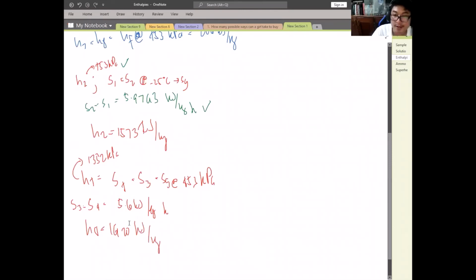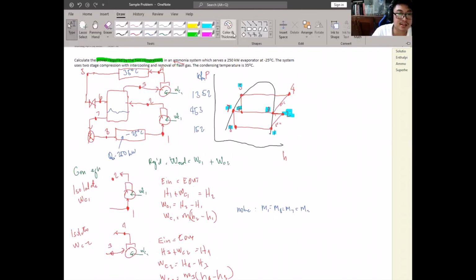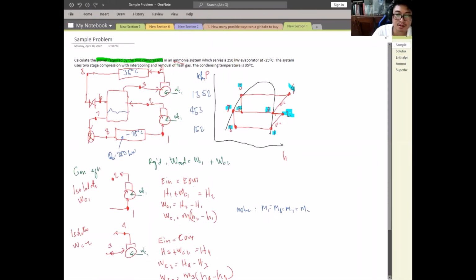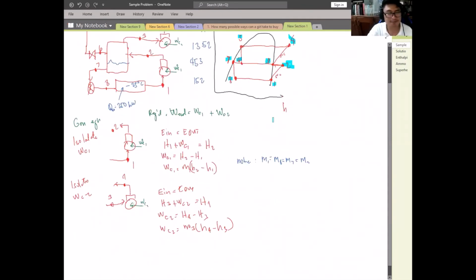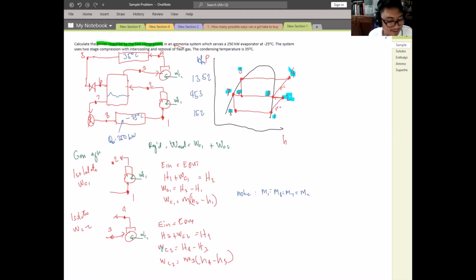Okay. So kung nakompleto na natin lahat ng enthalpy natin, so now, makukuha na natin yung ating mga work the compressor. So si mass na lang ang hahanapin natin, no? Si mass 1 and mass 3.